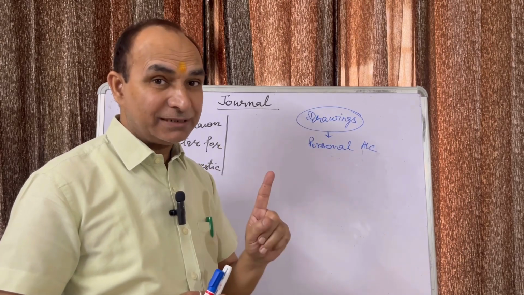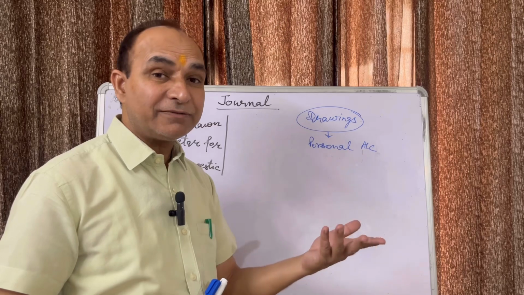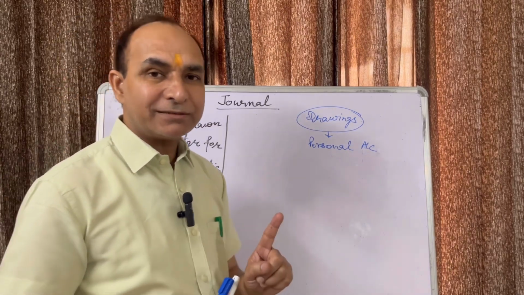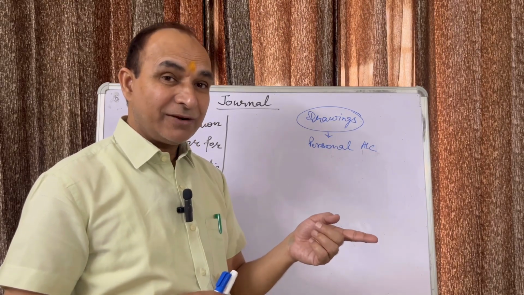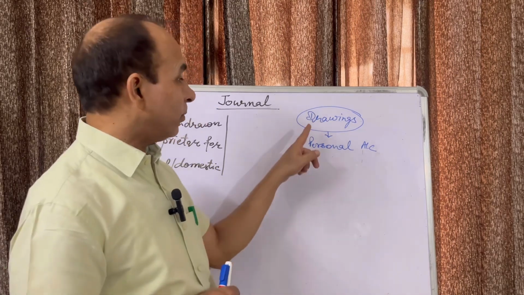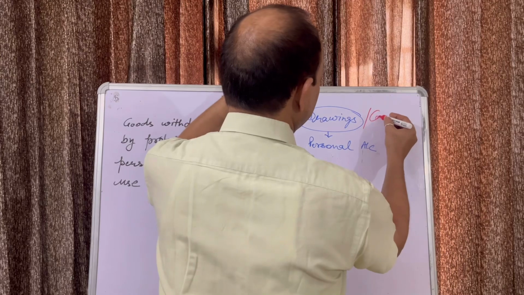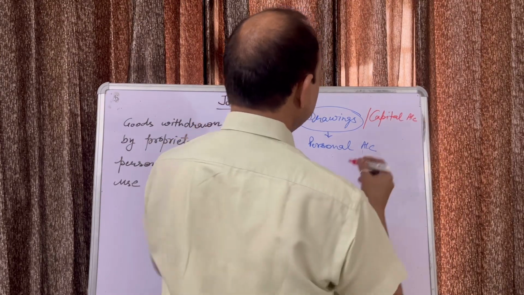I repeat, there is no account maintained in the business by the name of the proprietor. On behalf of the proprietor, as far as sole proprietorship is concerned, two accounts are maintained: one is drawings account and the second is capital account.